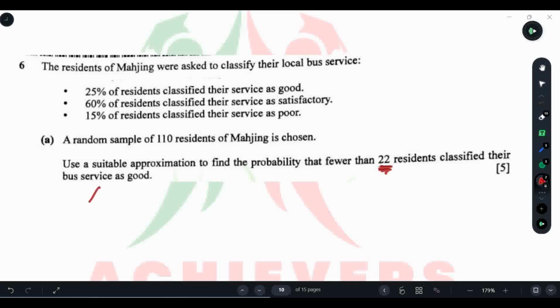Now, first of all, we need to understand that the random variable x is basically the number of residents who classified good services.